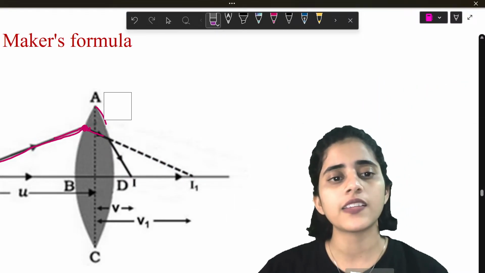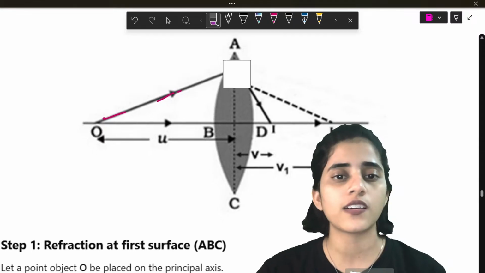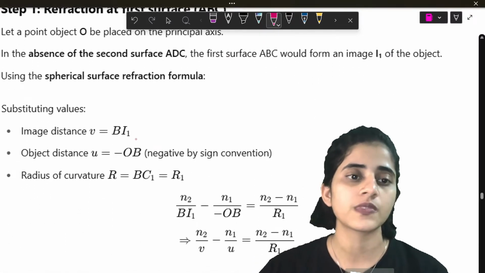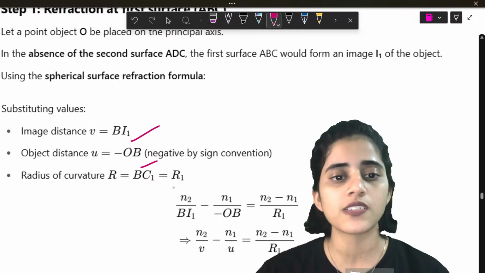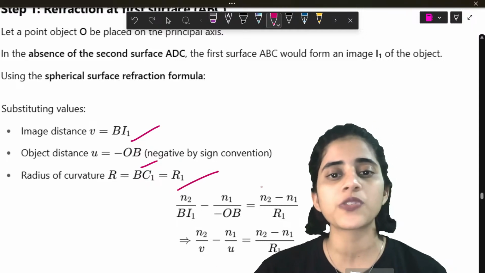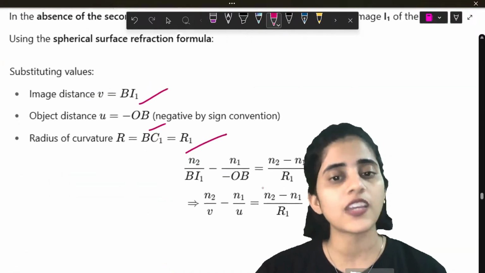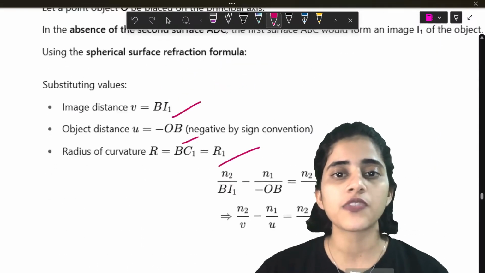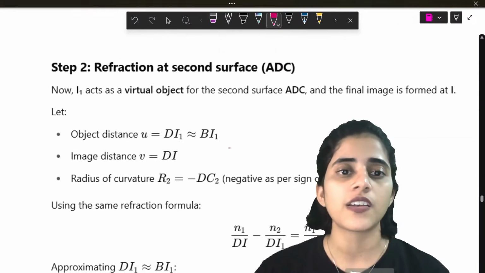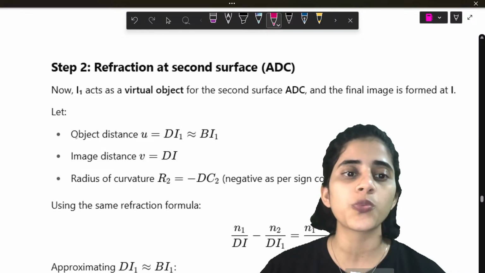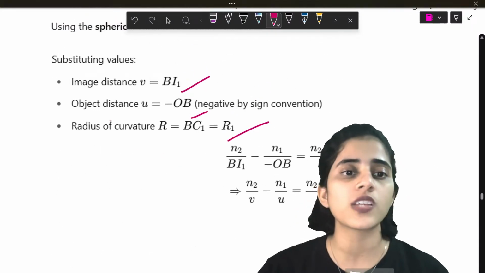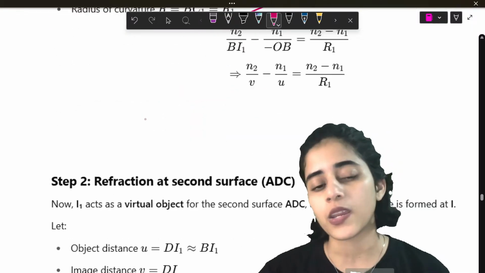Then let's look at the derivation part. Image distance, object distance, radius of curvature, and then you substitute all of this in the equation that I just showed you. This is the refraction at the first surface. Now for the second surface, you take the first image, here you see, the image was I1.